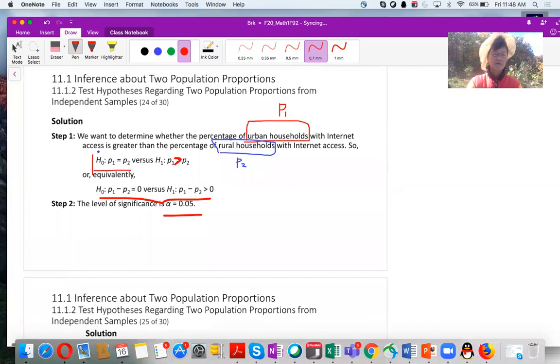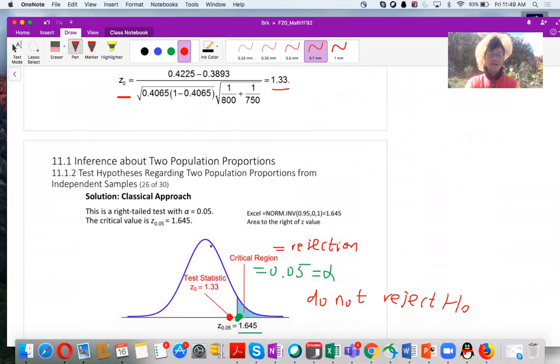This is H0. Do not reject means the two population proportions are not statistically different, meaning they are the same. Two proportions are the same, so you do not reject H0. So that is the classical approach.